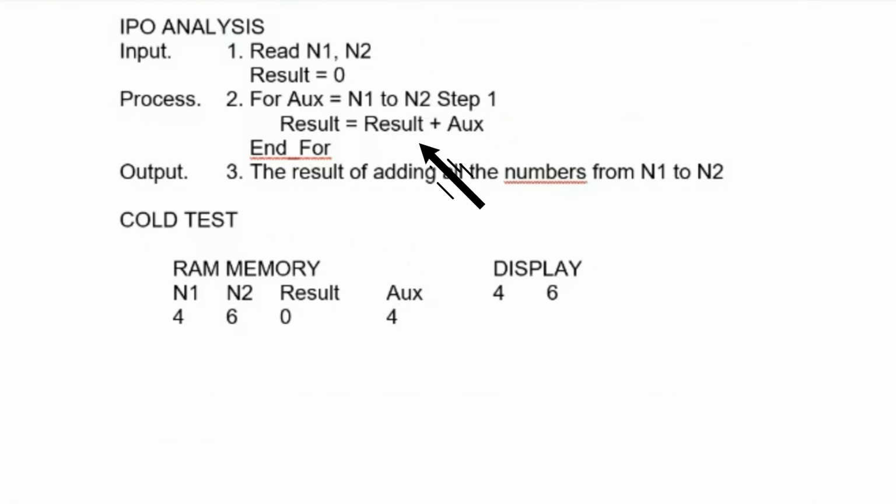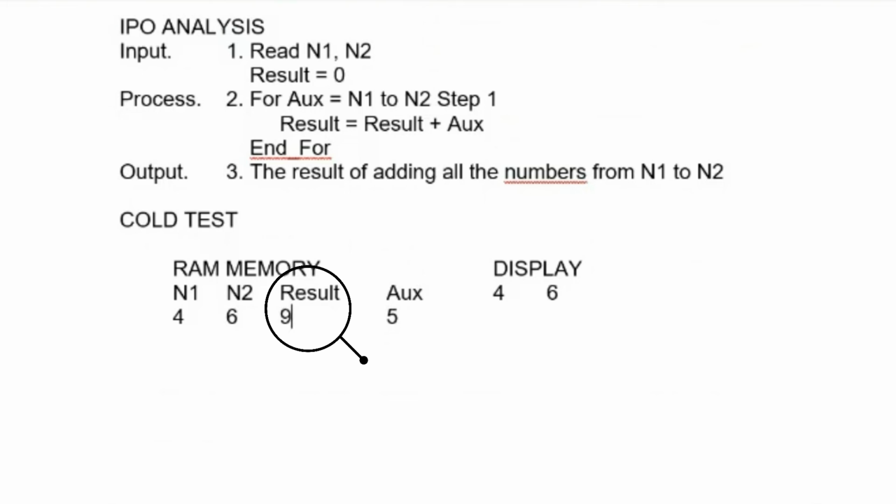To N2. So aus is going until 6 with step 1. Result is equal to result plus aus. So result, that means 0, plus aus, that means 4. 0 plus 4 is 4. Then end for, step number 1, that means 4 plus 1, 5. Now result is equal to result plus aus. Result 4 plus aus 5.